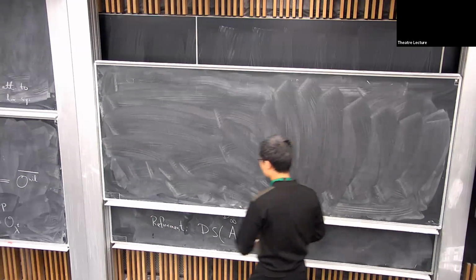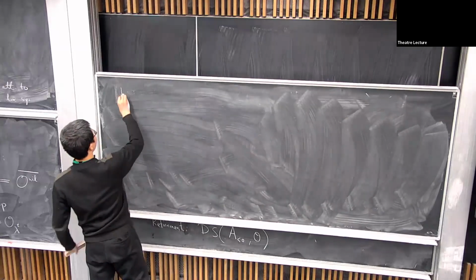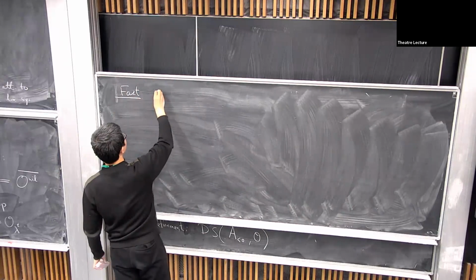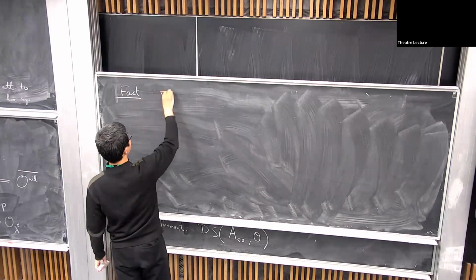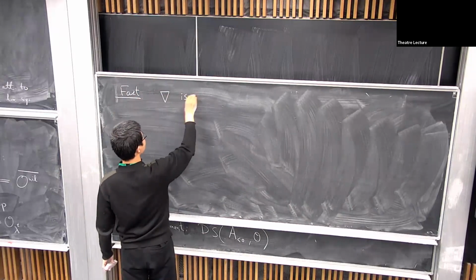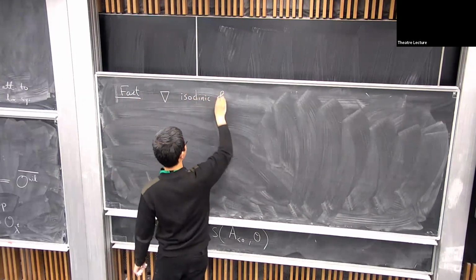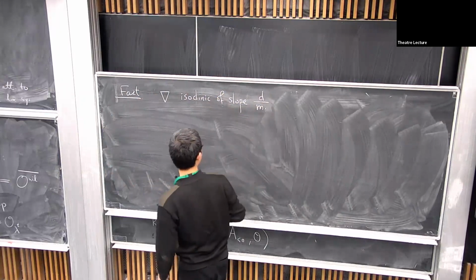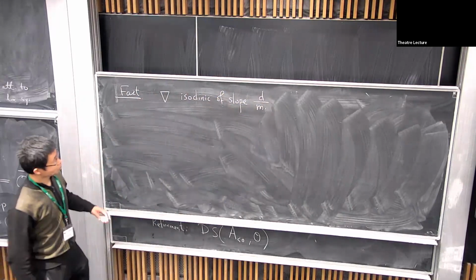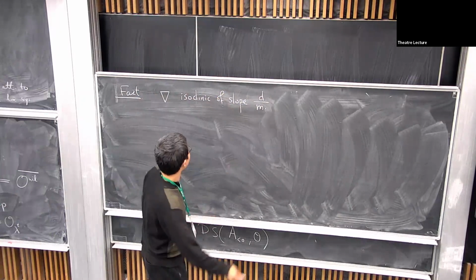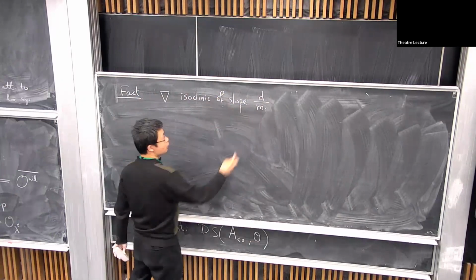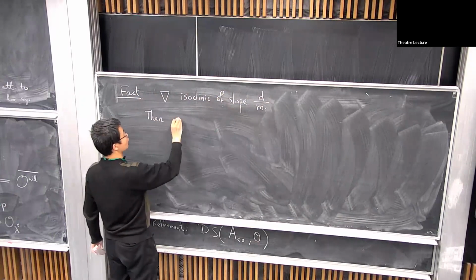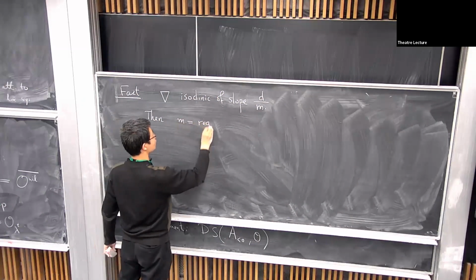So it turns out that if nabla is isoclinic of slope e over m in reduced form, I mean, lowest terms, then this m, this denominator cannot be arbitrary. m is a so-called regular number.